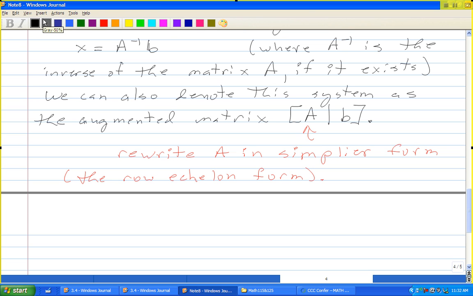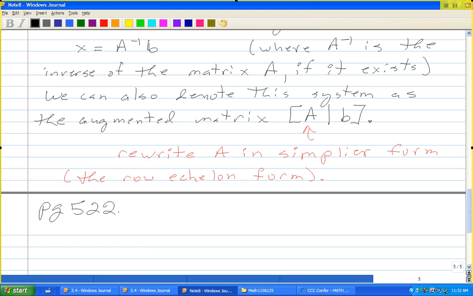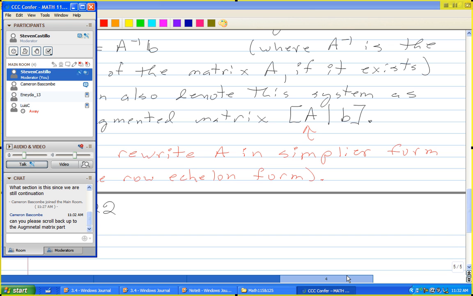So let me do some examples on page 522. Let me do, let's say, number 4. Oops, someone has a question. So let's go back.